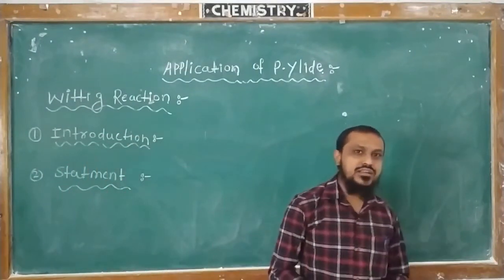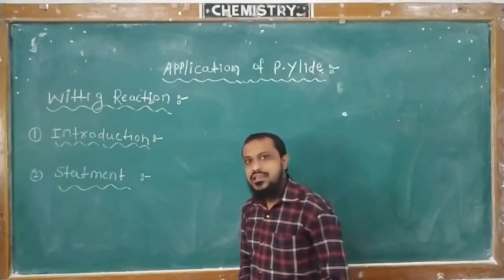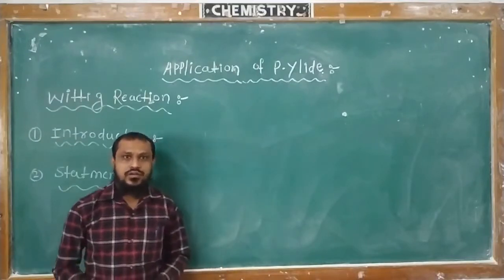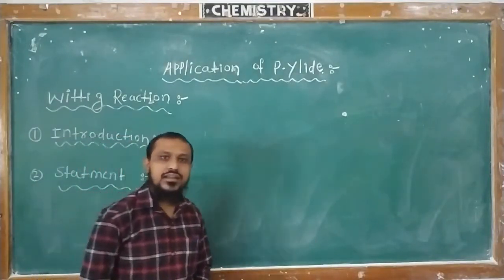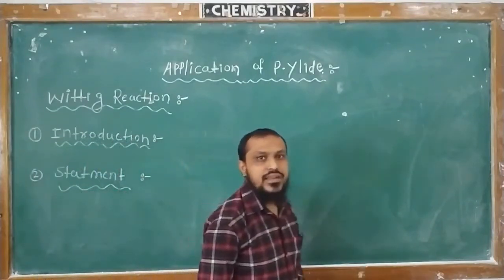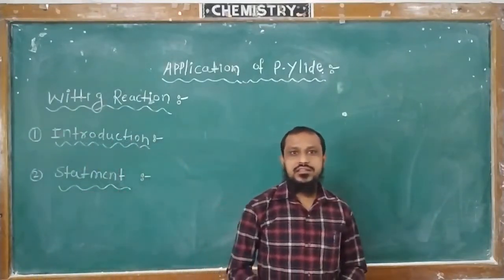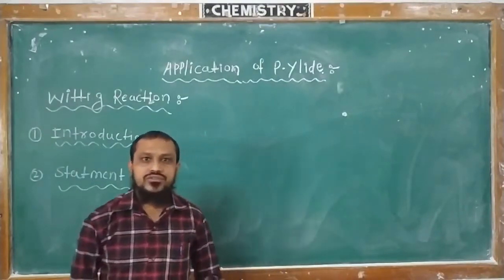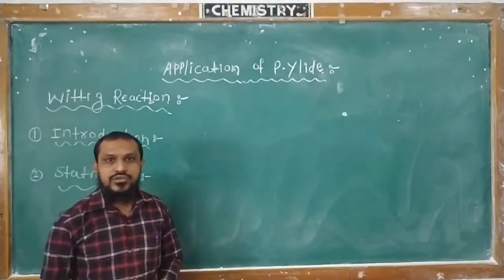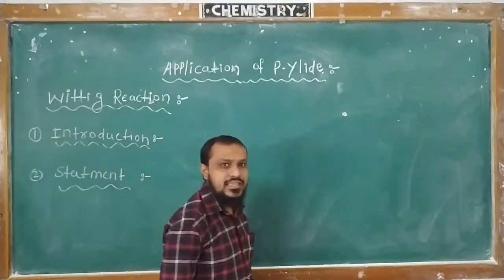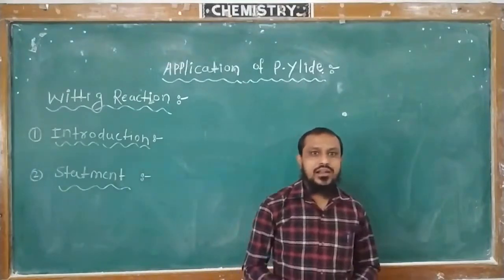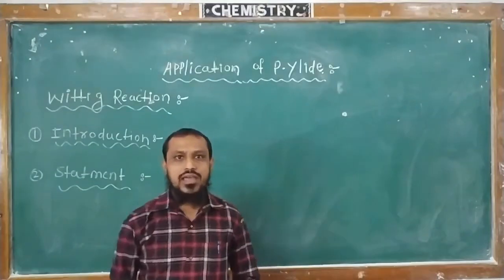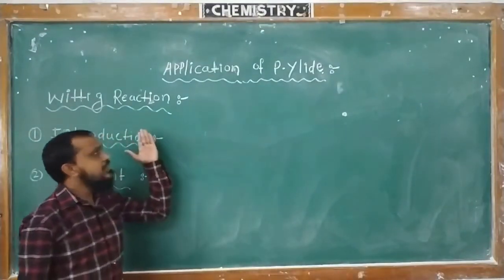The reaction in which an aldehyde or ketone reacts with ylide generated from phosphonium salt gives alkene and triphenylphosphine oxide is called the Wittig reaction.